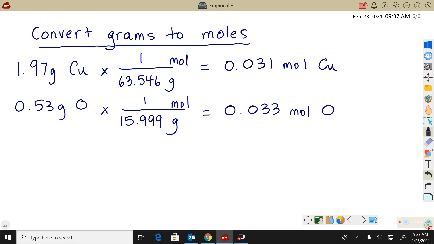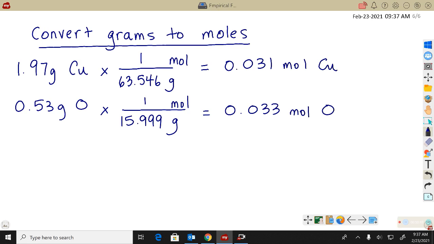Awesome. Okay, so now we're just rolling with it. This is just like how we calculated any empirical formula. Once we have moles, fantastic. We want a whole number ratio of moles to become my subscripts in the formula. Well, these aren't whole numbers, they're really tiny numbers.